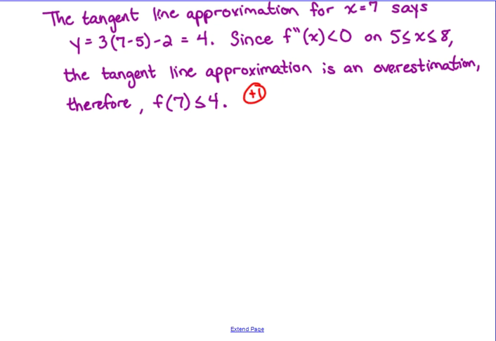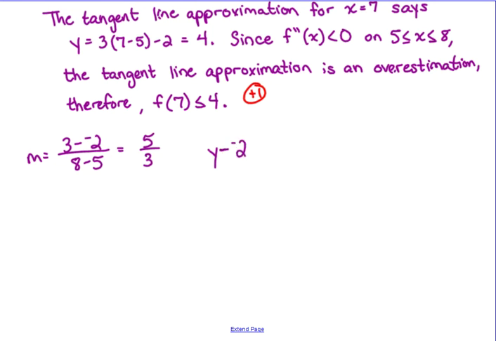Okay, so the secant line is the line through those 2 points. So we are going to find the slope between 5 and 8. So 3 minus -2 over 8 minus 5 is our slope. So that's 5 over 3. So our equation here, let's write it at 5 again, like we did with the other one.